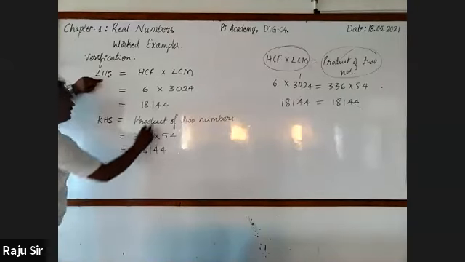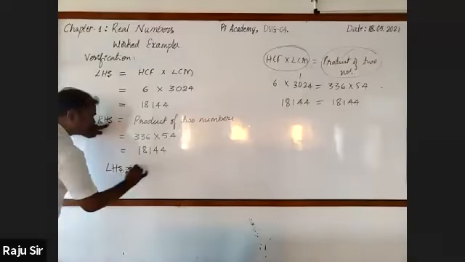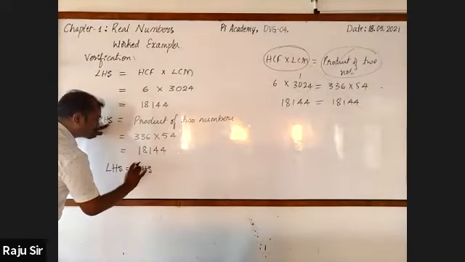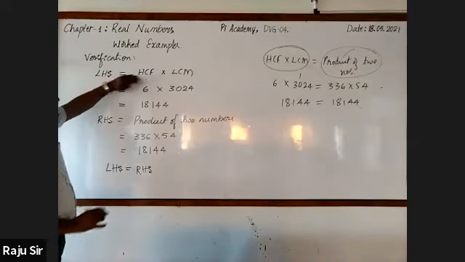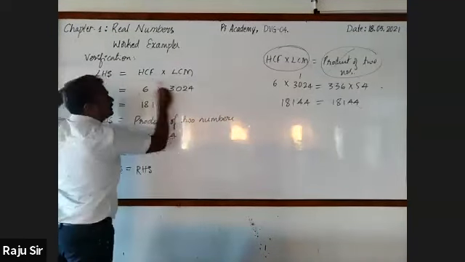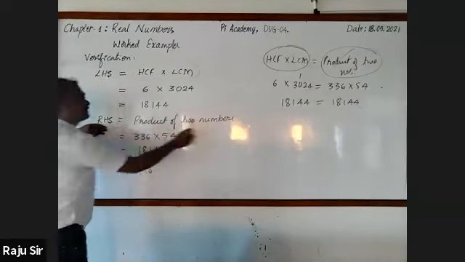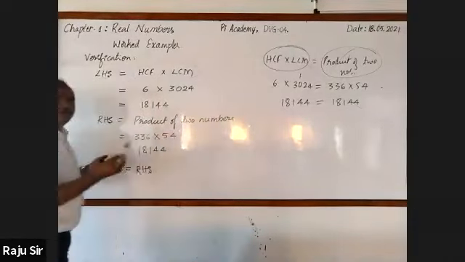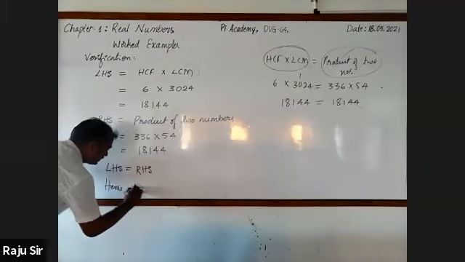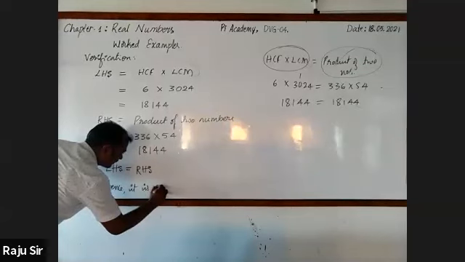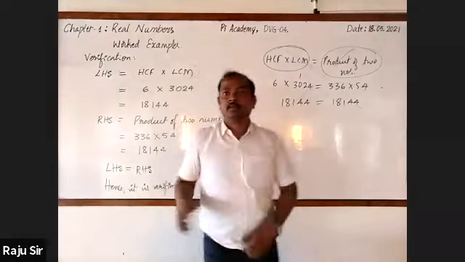LHS is 18,144. RHS is also the same. We can write LHS equal to RHS. Hence, we can say that the LHS part, that is HCF into LCM, is equal to the RHS part, the product of two numbers. And write, hence, it is verified.